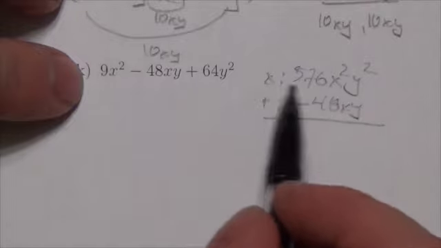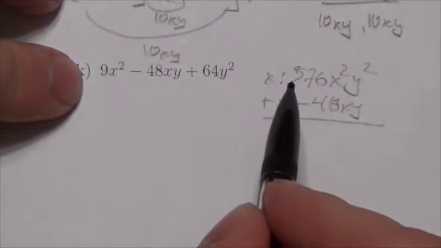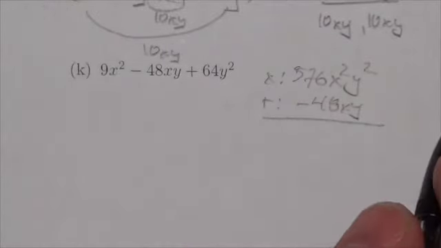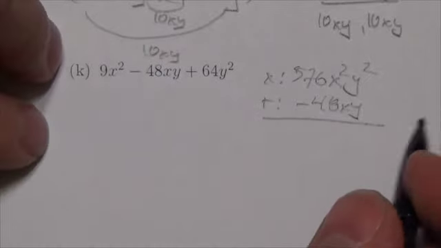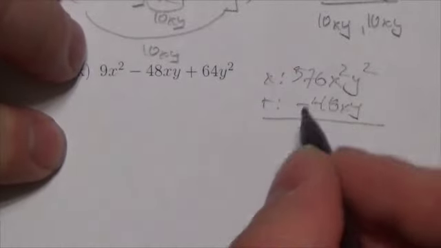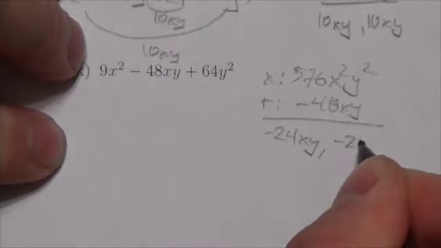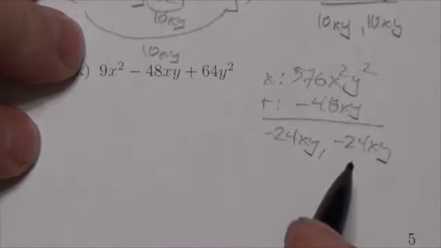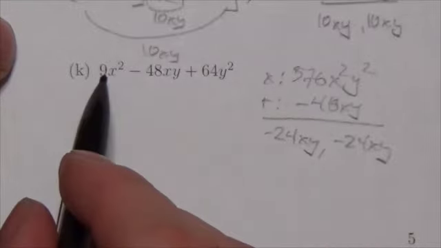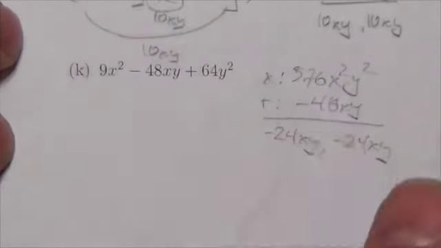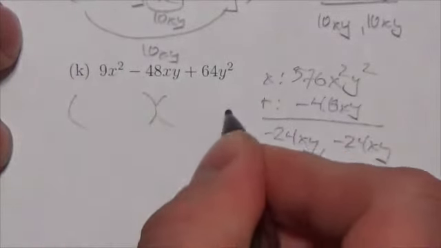I'm going to take a stab at this, and I bet that 576 is a perfect square. And it turns out it is. It's 24. So the numbers that we're looking for are negative 24xy, negative 24xy. That's just a guess when I see that kind of a pattern, but it gives me a little bit of a head start in this problem.